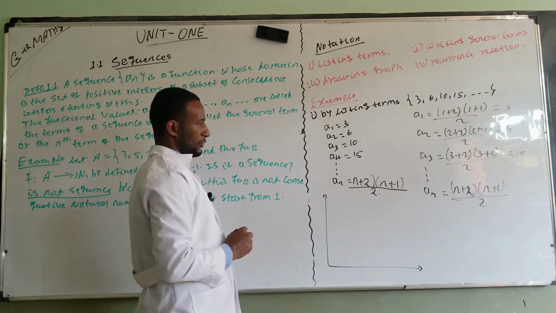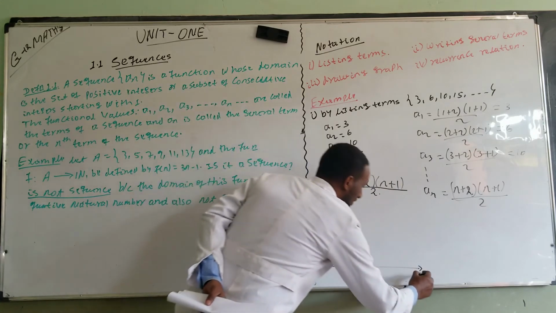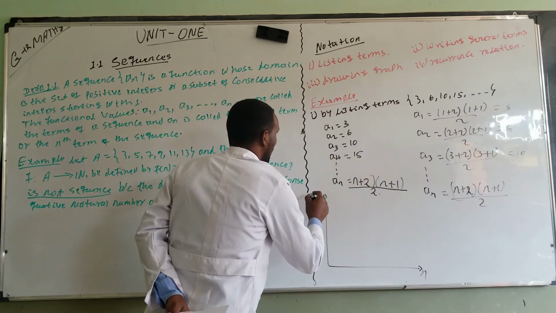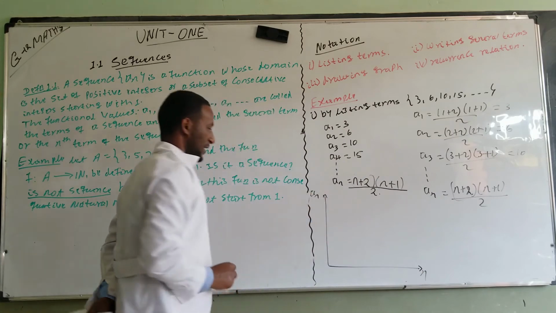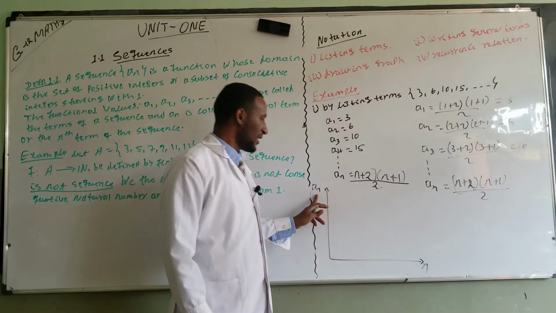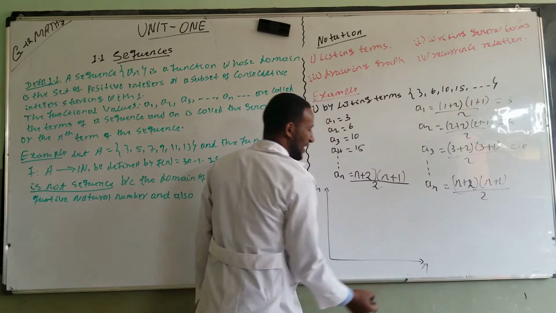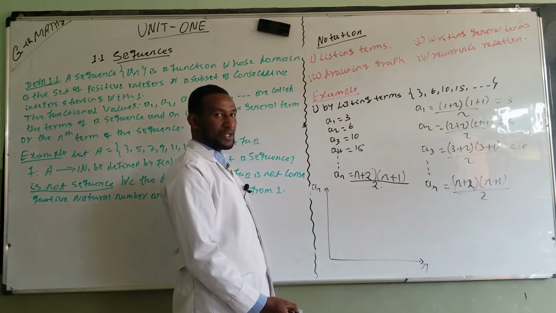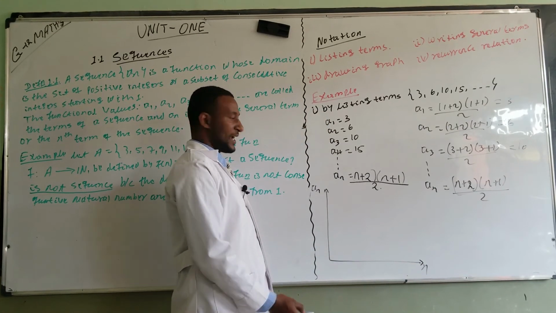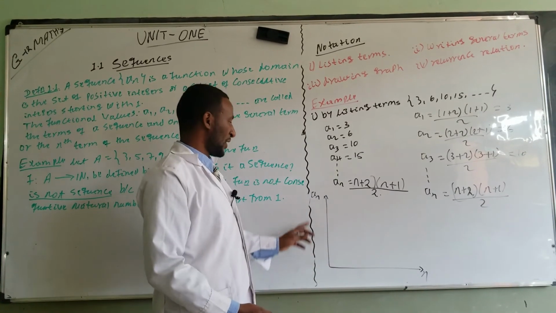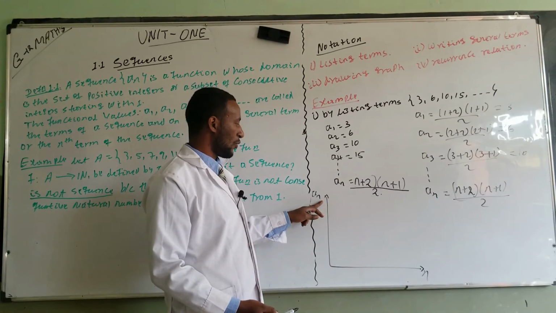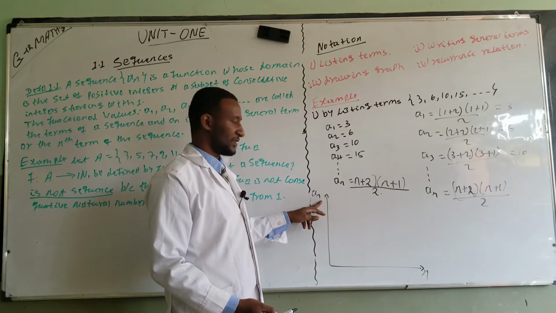Graphically, let us take this as n, this is a sub n, a of n. When we take the x-axis as n, that means it is the independent variable, and a n is taken on the y-axis because it is the dependent variable.